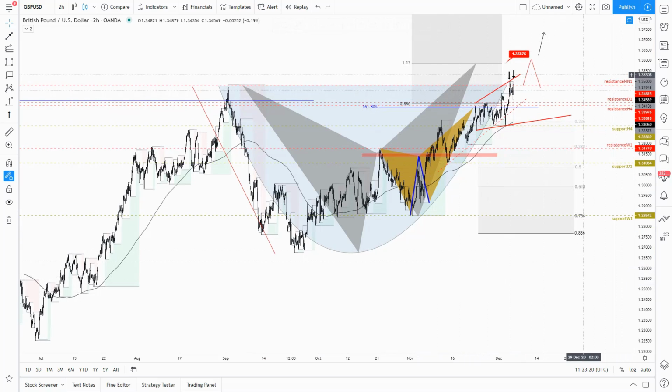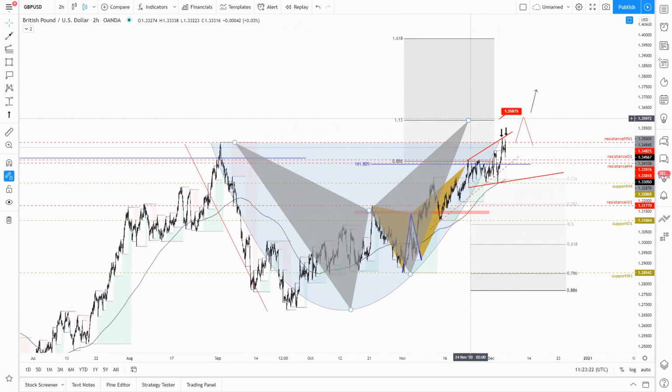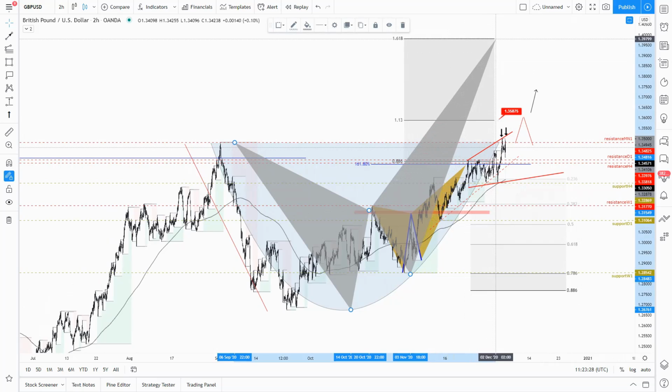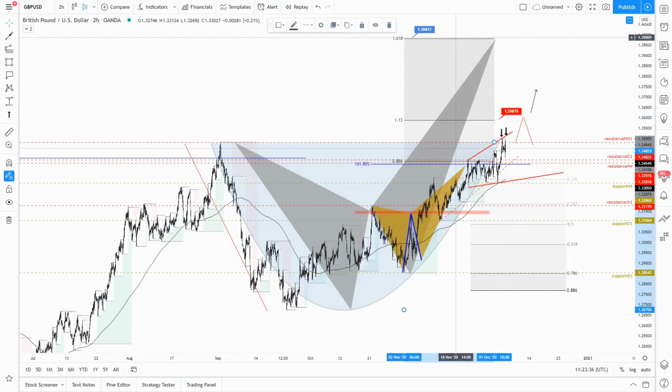The reason why is because usually when the market fails the bat pattern and the alt bat pattern, the market will then search for an extension higher, and usually it will search for that 168 extension, which may put the price trading at 140 or 139.81, 140 territory.